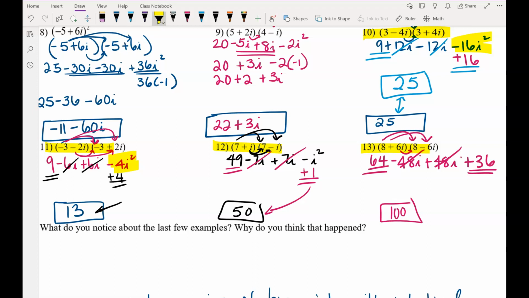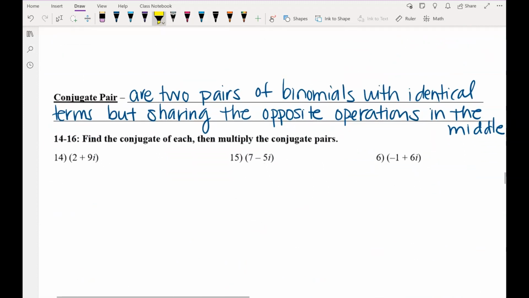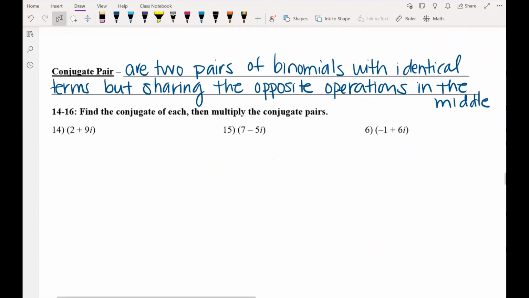So when the binomials are identical except the operation in the middle, or the opposite, we have a term for it. The term is called conjugate pair. Those are all conjugate pairs.